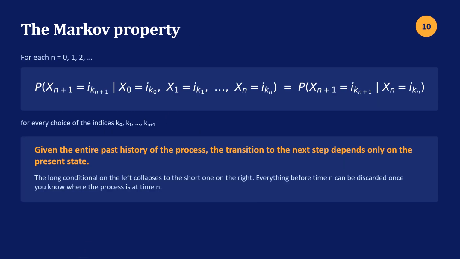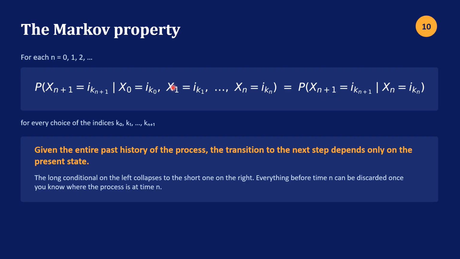Here I'm stating the Markov property a little bit more formally. It's a conditional probability. That's what this slash means here. So given where you were in state at time 0, at time 1, all the way up to time n, the probability that at time n plus 1 you're in state I sub k sub n plus 1 is the same as the probability given just the current state of going into this state I sub k sub n plus 1 at time n plus 1.